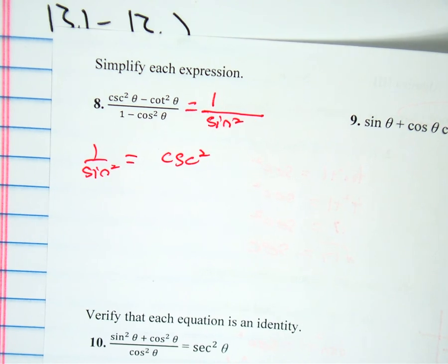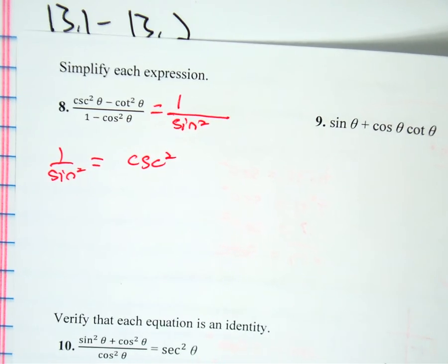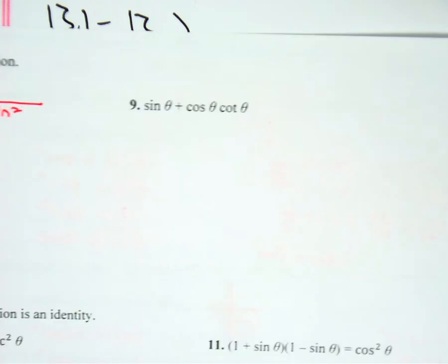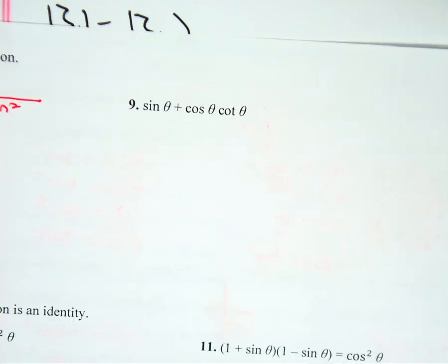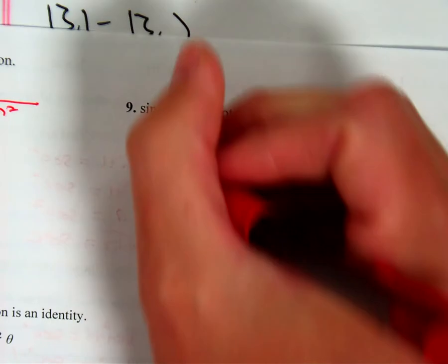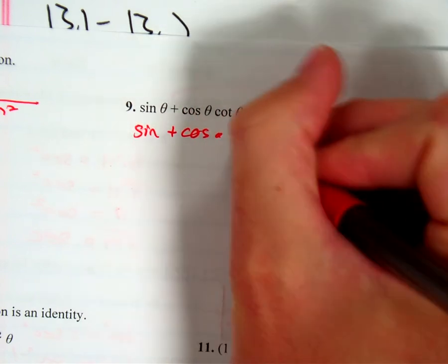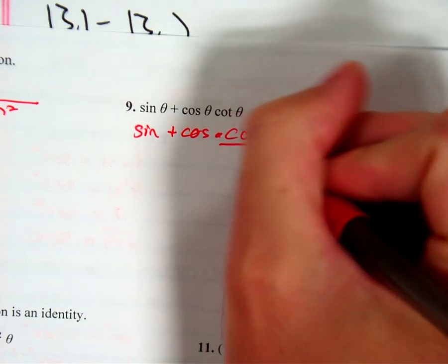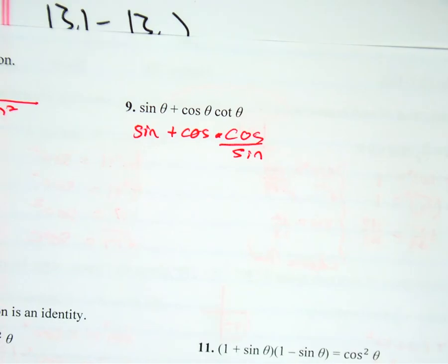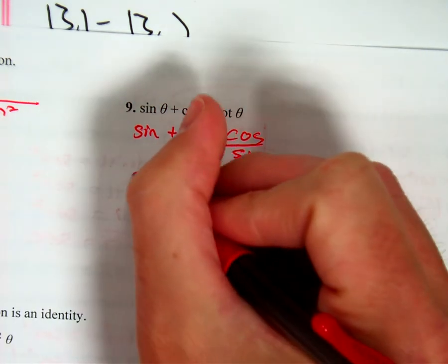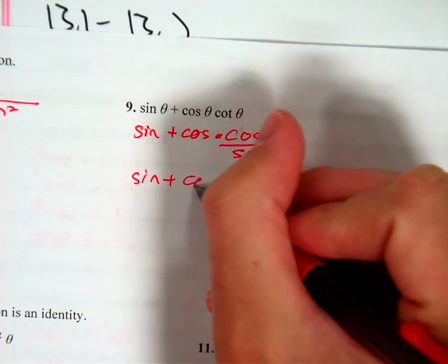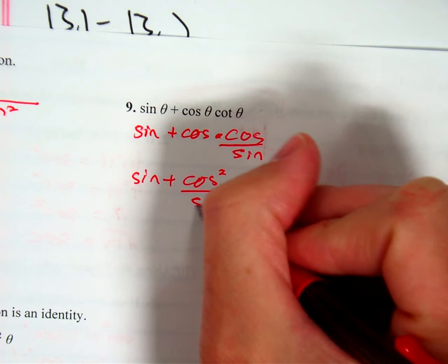All right, now we're starting to get into some stuff where we have to think a little bit. Sine plus cosine times cotangent. Sine plus cosine times cosine over sine. So that is sine plus cosine squared over sine.